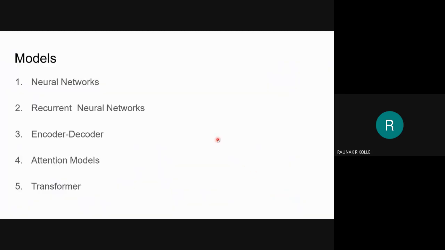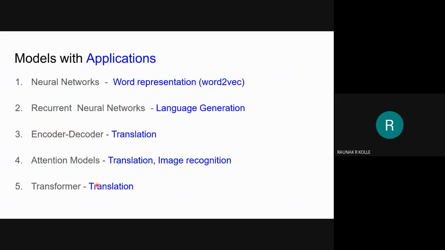The five models are the neural network, recurrent neural network, encoder decoder model, attention model, and the transformer, being the latest model. What are the applications of each of these models? The first model, neural network, can be used for word representation using the word to vec library.